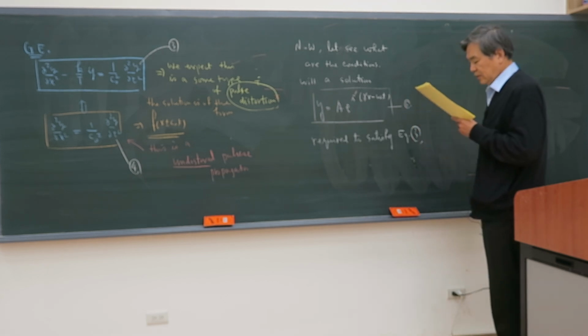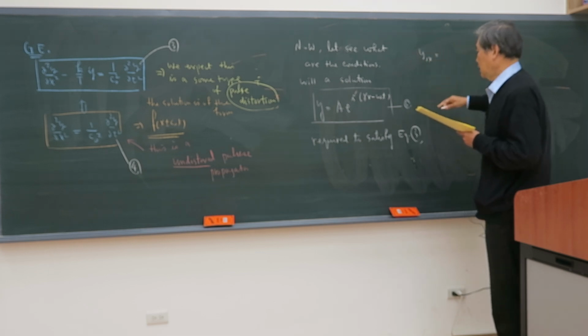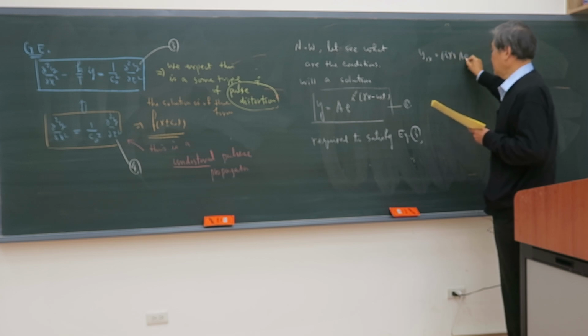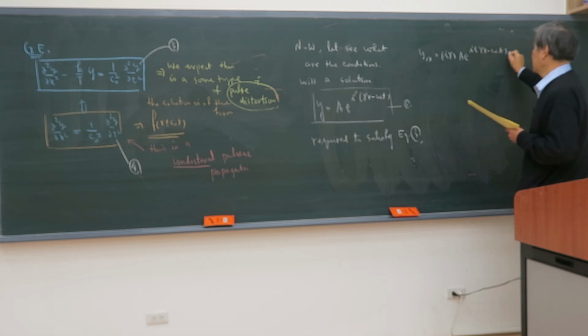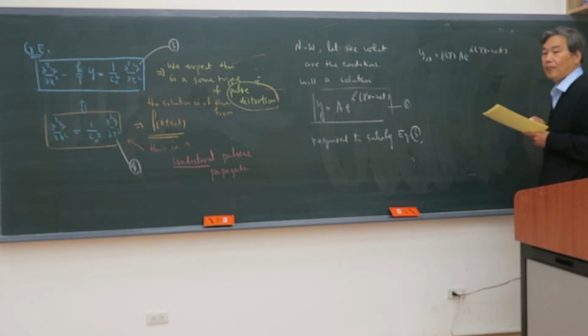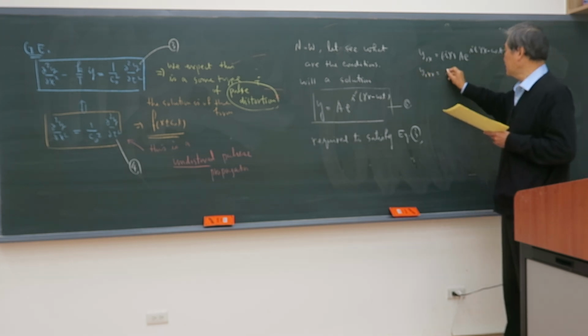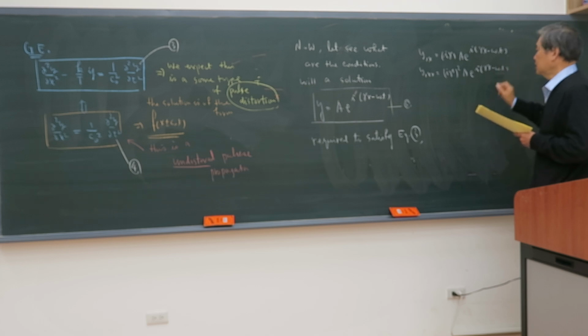Now, if you have this, y x will be i gamma A e to the i gamma x minus omega t, right? And y gamma x will be i gamma square A e to the i gamma x minus omega t.